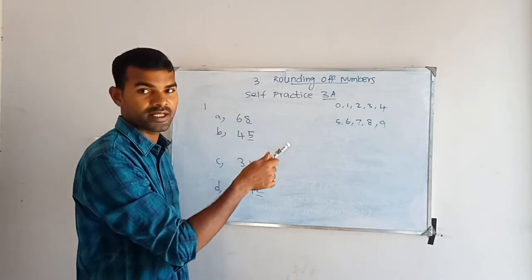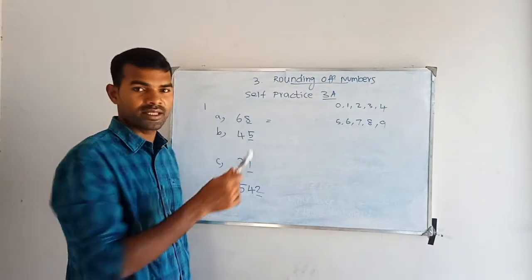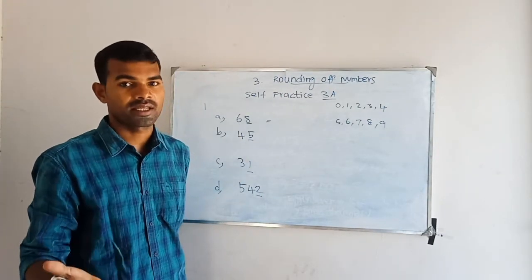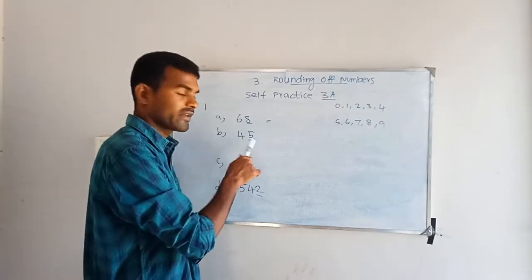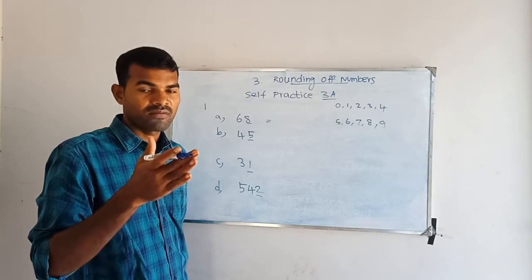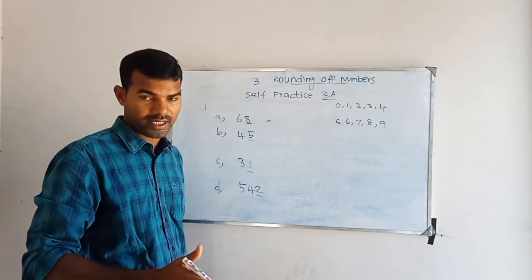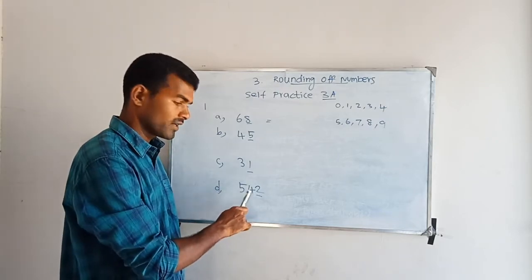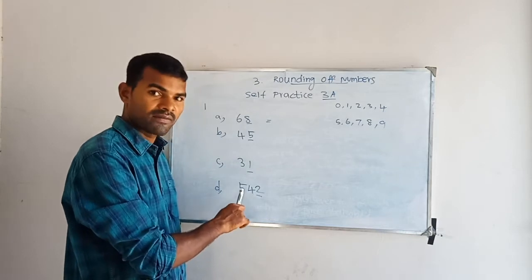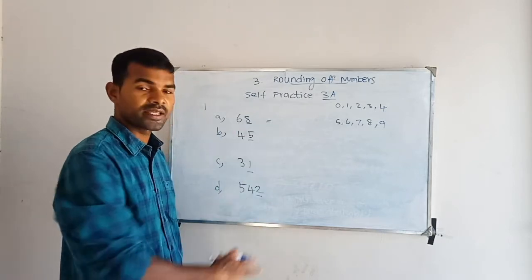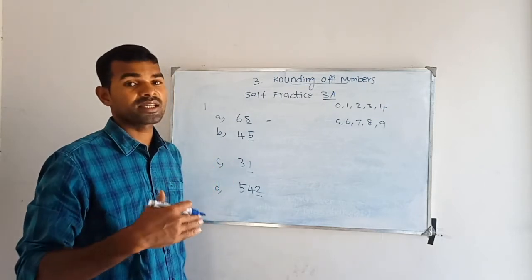To round off to the nearest 10, we can tell that 68 is between 60 and 70. Only a multiple of 10 we have to tell. 45 is between 40 and 50. 31 is between 30 and 40. For 542, the nearest 10 is 540 or 550. So all the given numbers are in the middle, and we have to tell which is the nearest 10.